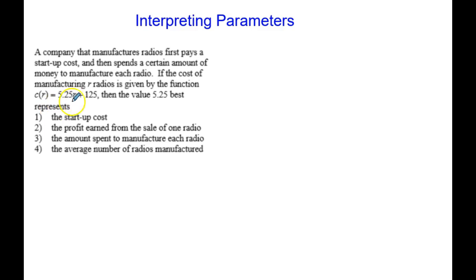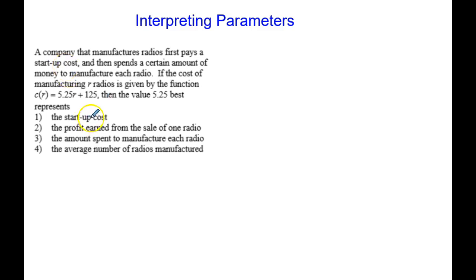So we have our equation. It's in slope-intercept form, y equals mx plus b. So we have our slope and we have our y-intercept. We're trying to determine what 5.25, the slope, represents in this problem. Well, I think the easiest value to determine is the 125. That represents the initial amount or the startup cost in this case.